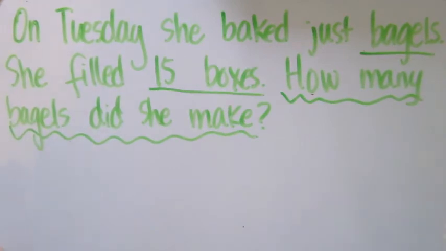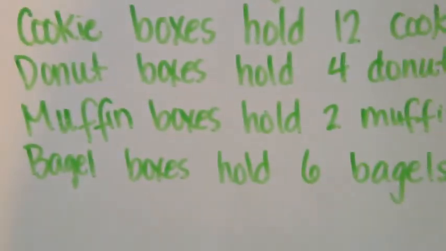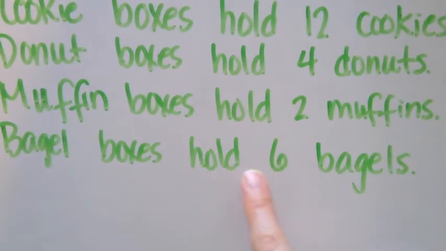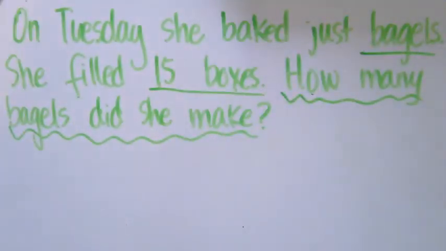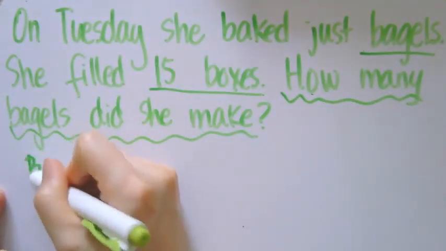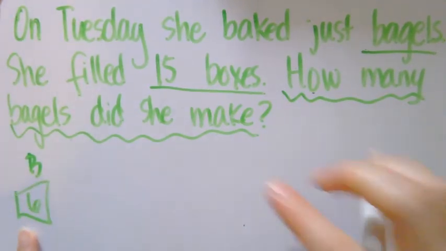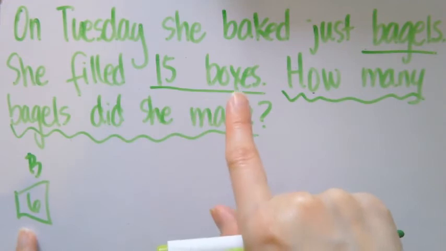All right, so the previous question was figuring out how many boxes, but for this particular problem, we need to figure out how many total bagels. Okay, in order to figure that out, we also need to go ahead and bring back to figure out how many bagels fit in one box. So bagel boxes hold 6 bagels. So if I know that in a bagel box, you can fit 6, okay, and she's already filled 15 boxes.